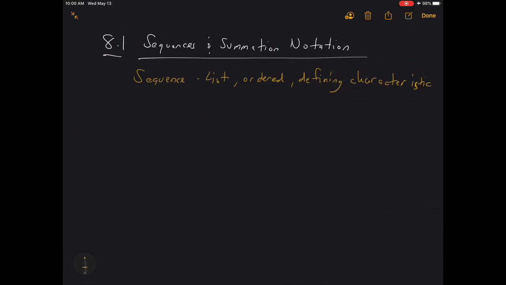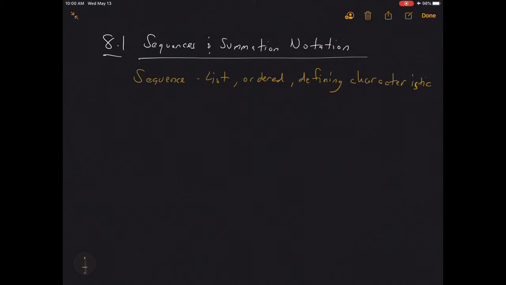So it is a list. It's not necessarily mathematical. There's no alphabetical listing of it or anything, but you could also do that. You could define, okay, list all of the presidents by their alphabetical last names, and then you would list them in that way. So that would give you a defining characteristic.